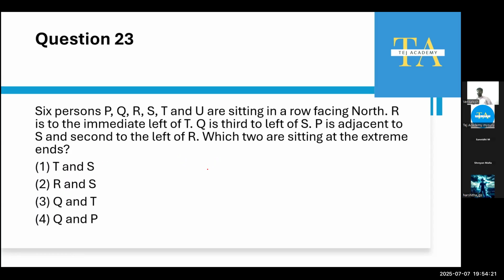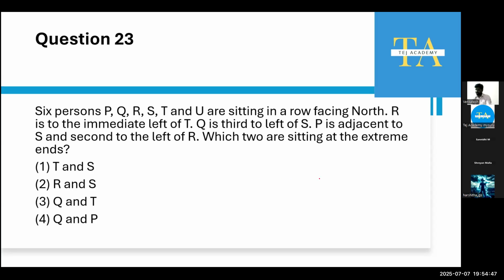Okay. Next, question number 23. P, Q, R, S, T, U are sitting in a row facing north. R is immediate left to P, and Q is third left to S. P is adjacent to S and second left to R. Which two are sitting at the extreme ends?